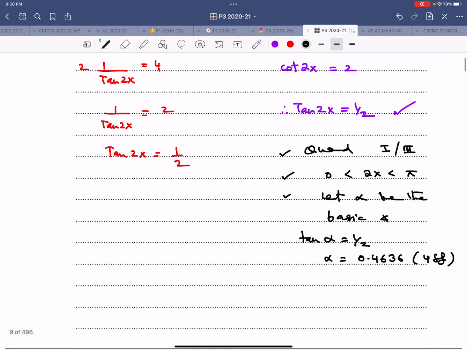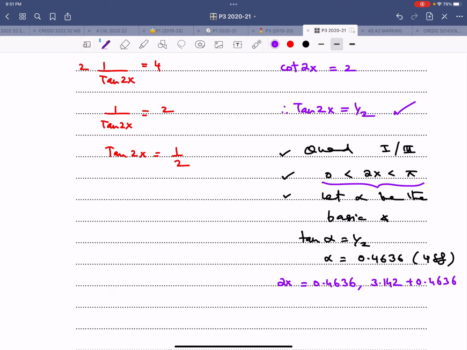Now, what are we working for? We are working for 2x. Therefore, 2x is equal to 0.4636, and in the third quadrant, this would be 3.142 plus 0.4636. Are all these answers within this range? Looks like it. 0 to 2 pi. Yes, they are. Therefore, make x the subject, and each answer will be divided by 2.